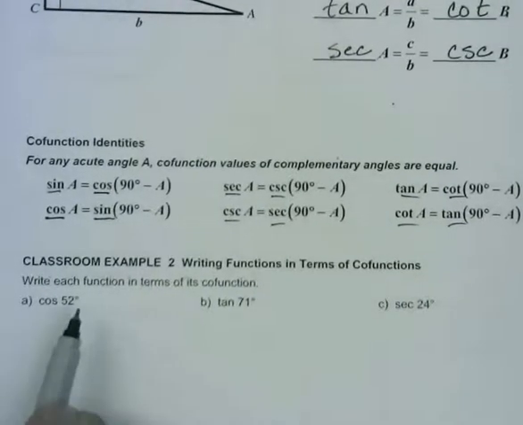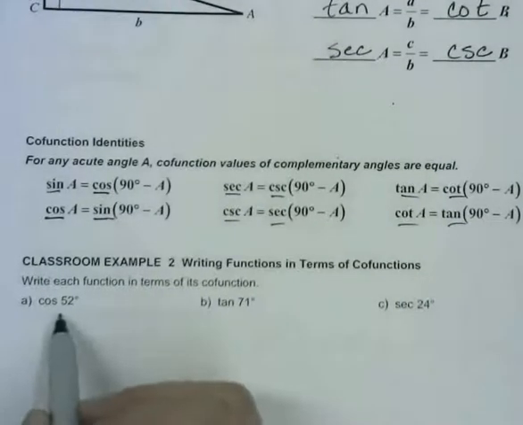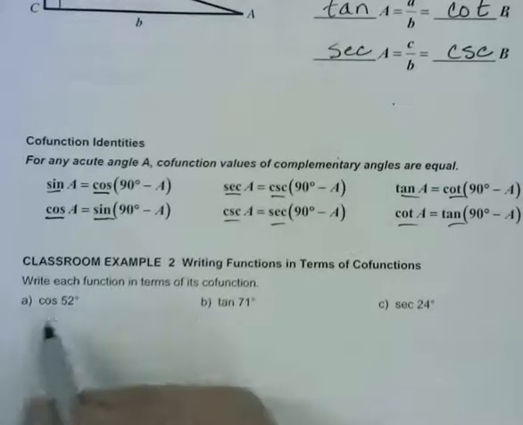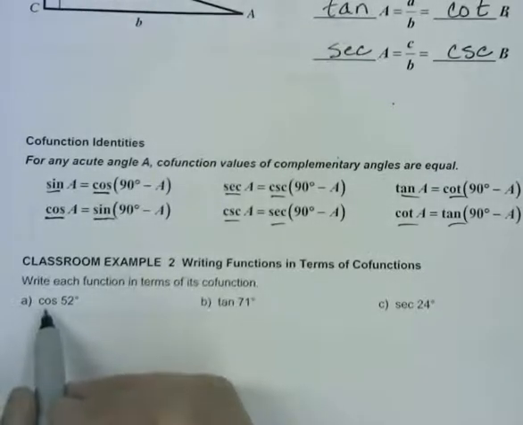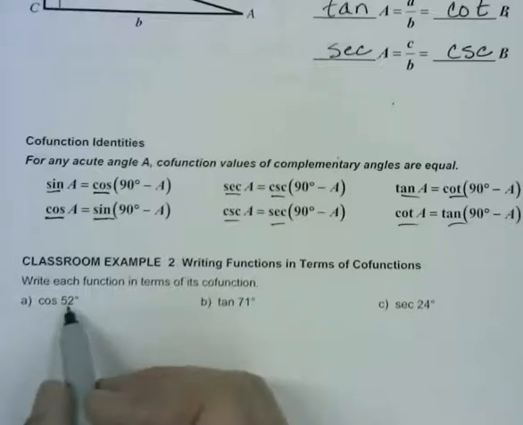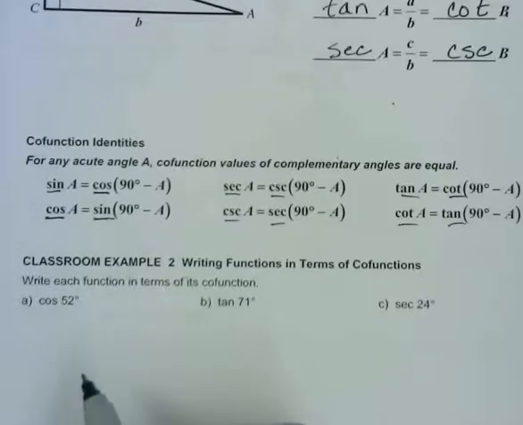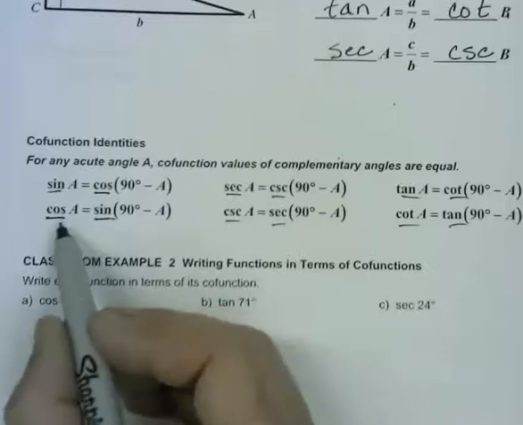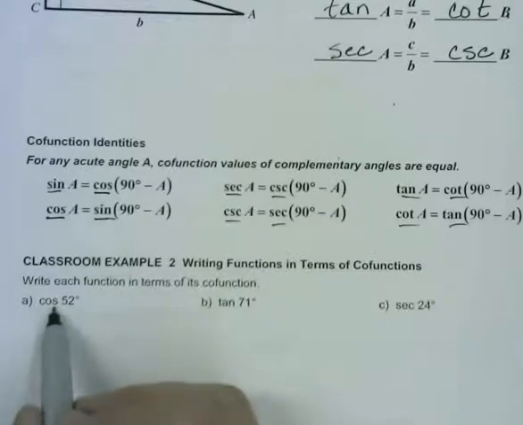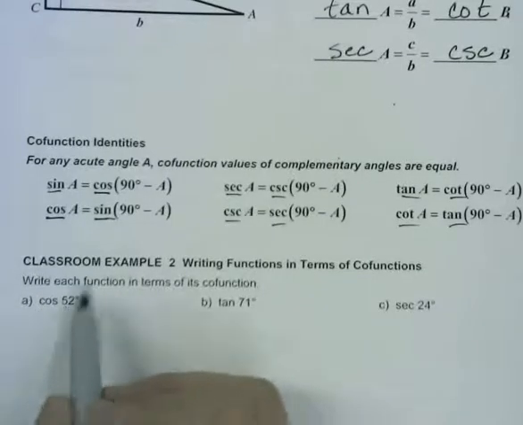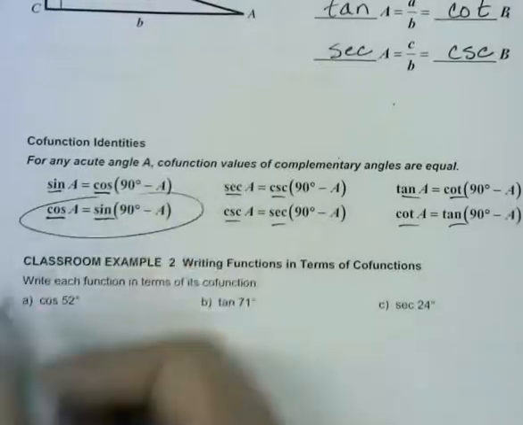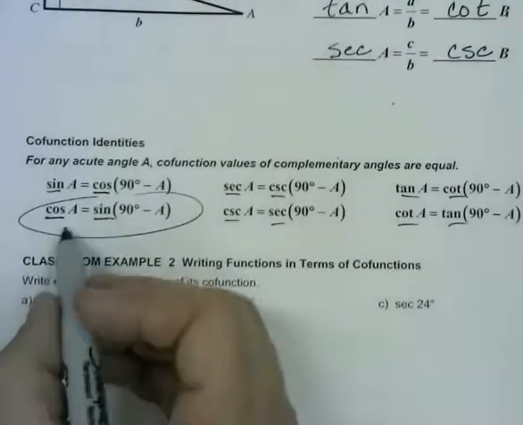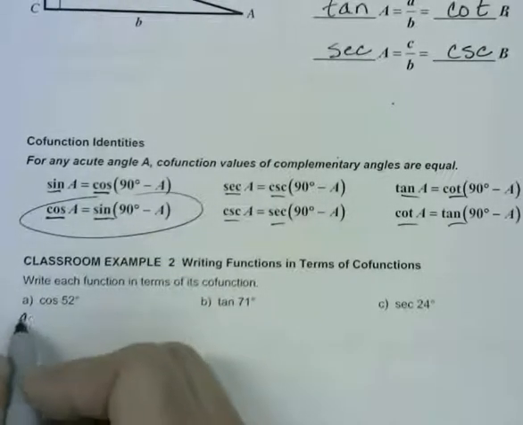Let's try to use this to write functions in terms of their cofunctions. What that means is that we're going to change from the function to its cofunction, and we're also going to change from the angle to its complementary angle. But one way to do this is just pick out the identity that looks like this to start with. So we're here where we have cosine of 52, we're going to use this identity right here because that starts with cosine.